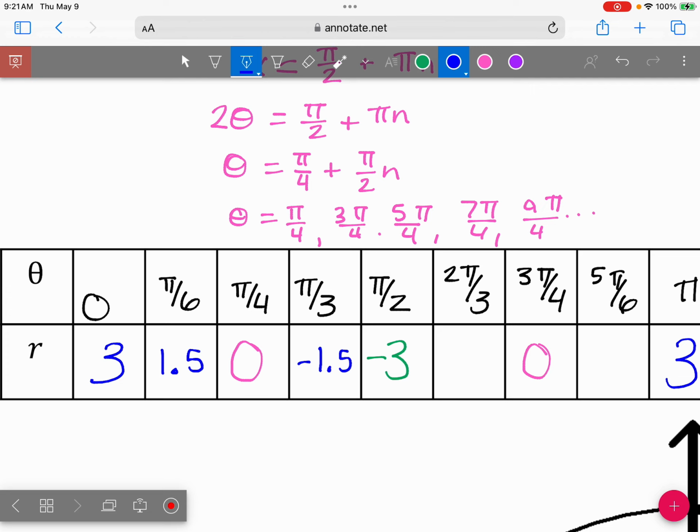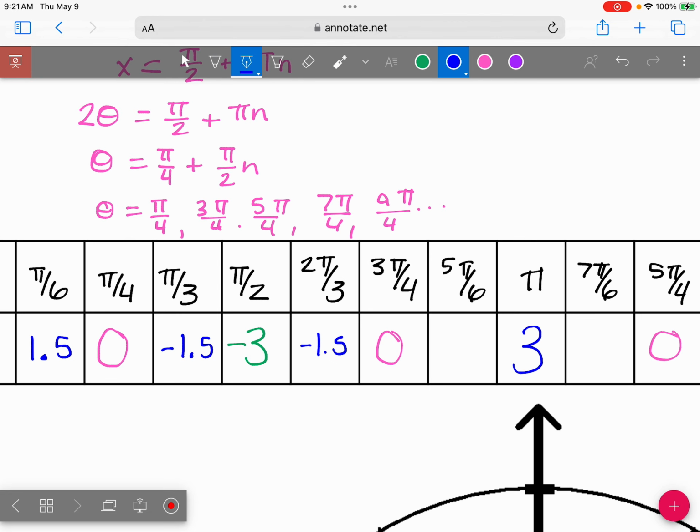When we do our 2 pi over 3 in place of our theta, we're going to get a negative 1.5. When we do 5 pi over 6, we get a positive 1.5.